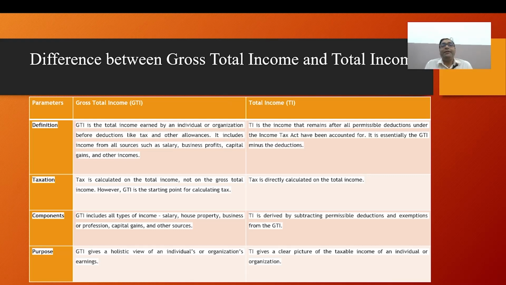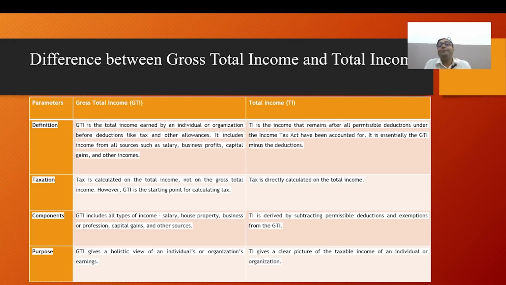GTI is the total income earned by an individual or organization before deductions like tax and other allowances. GTI includes income from all sources of a Hindu undivided family, such as salary, business and profession, capital gain and other income.